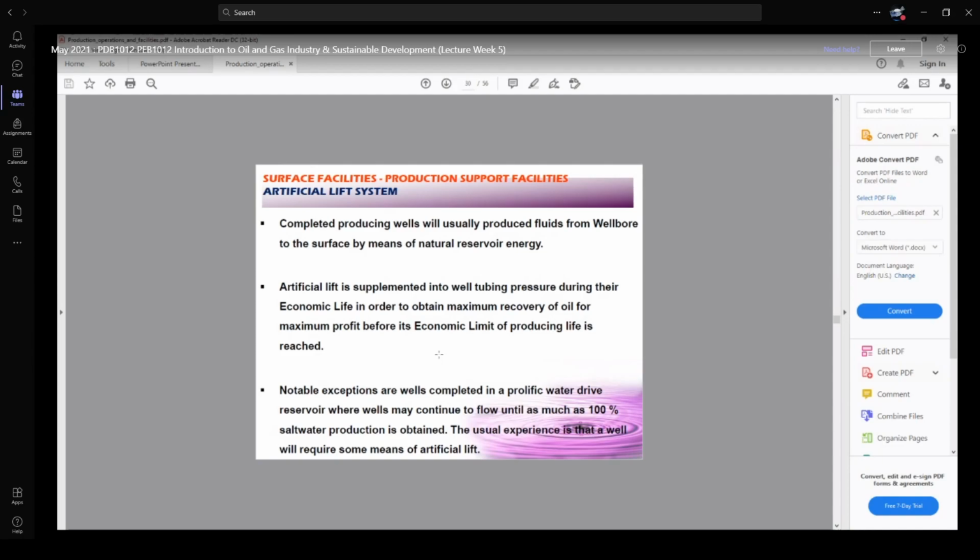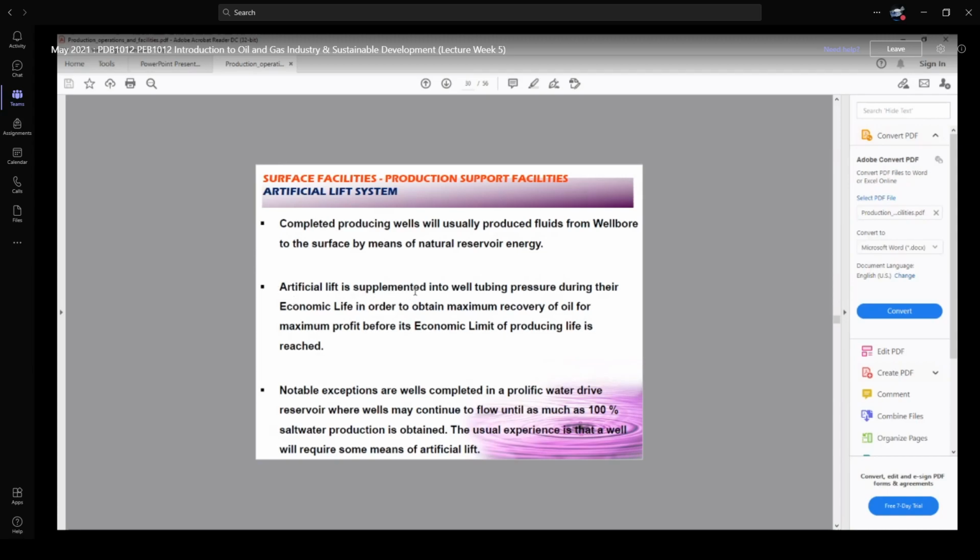To maintain the production requirement, we have to move from natural energy to artificial energy. Natural energy is the reservoir pressure. The artificial energy is the energy that we provide to the hydrocarbon stream to get it to the surface. This support facility for production is called the artificial lift method.